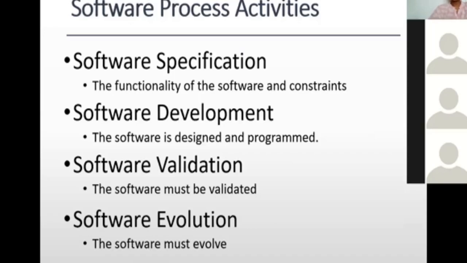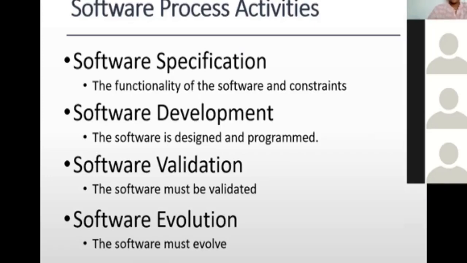Previously we discussed the tea making process, and these ones are the software process. So these interrelated activities are in the software process: software specification, software development, software validation, and software evolution.